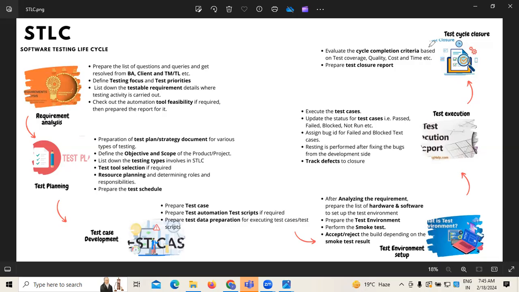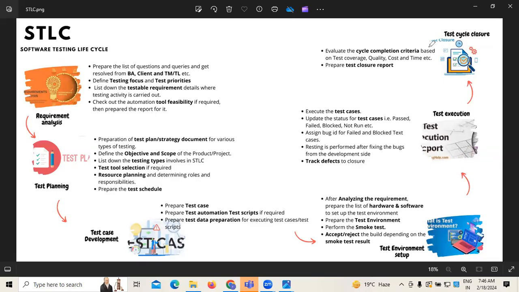It is just like the SDLC, the software development life cycle, because just as there is a software development life cycle, there is also a software testing life cycle. The software development lifecycle explains the development phases: analysis, planning, design, implementation, testing, deployment, delivery, maintenance. These all come from the software development lifecycle.